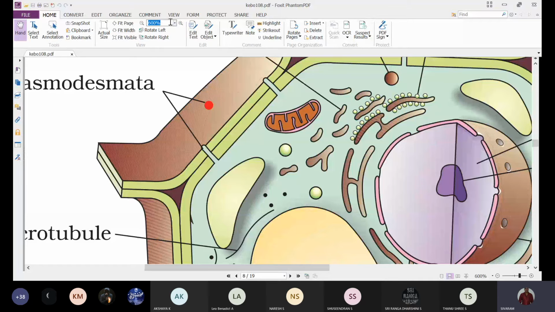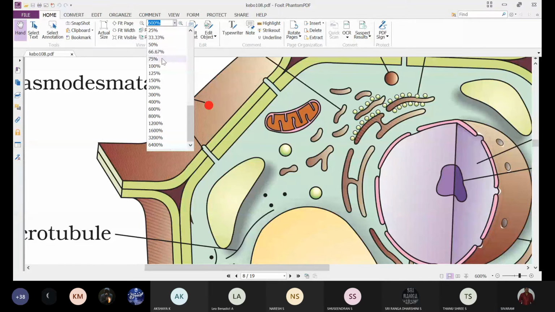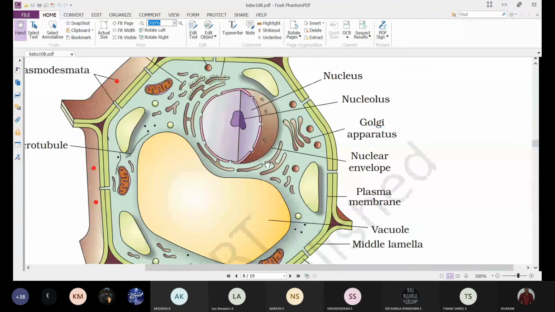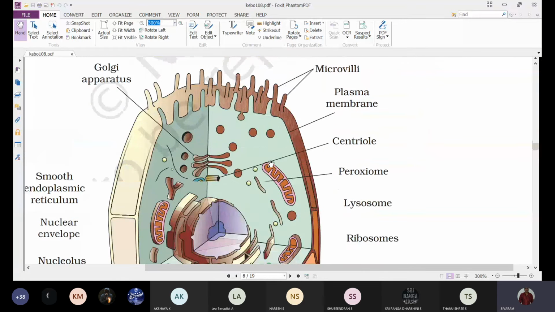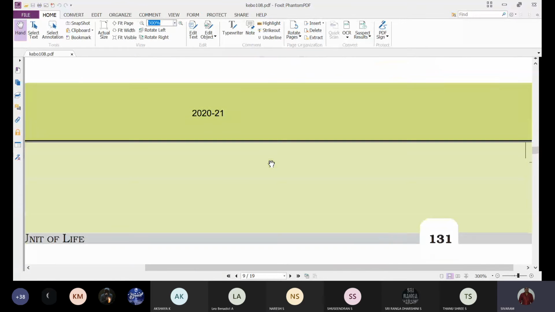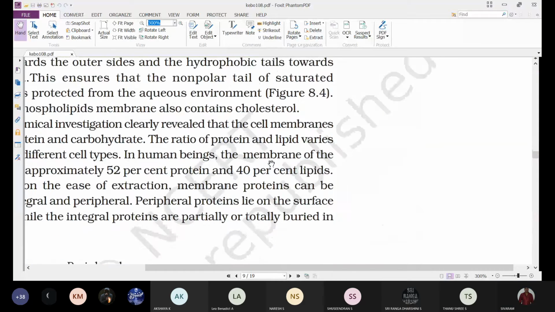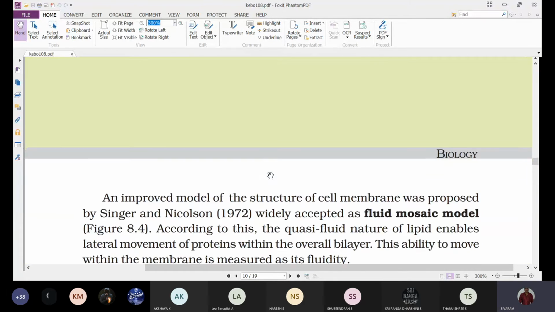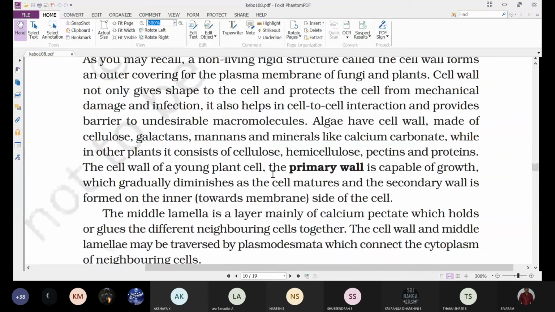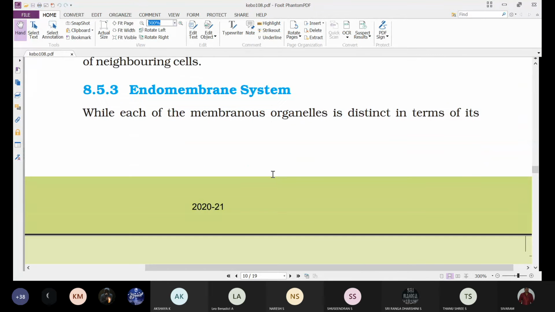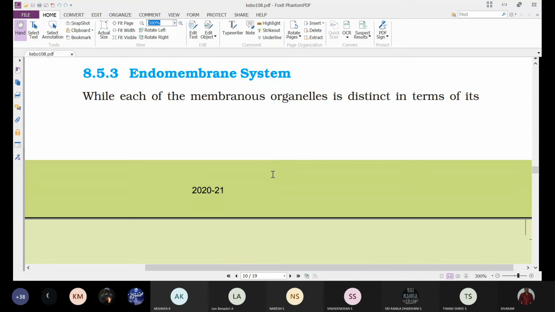That is what we can see here. That is about the cell membrane and cell wall. Anybody having any doubt up to now?